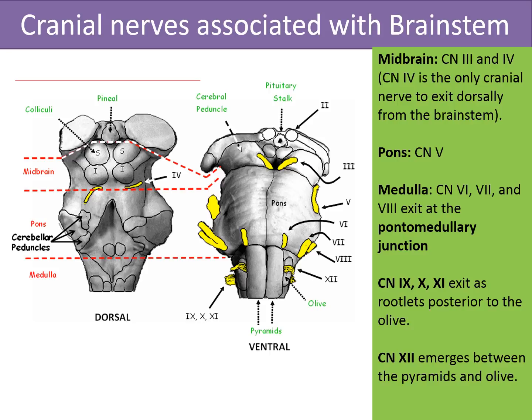We see the 6th, 7th, and 8th coming at the pontomedullary junction. We see 9, 10, and 11 as rootlets posterior to the olive. And then we see cranial nerve 12 coming off between the olive and the pyramids, the pyramid being a continuation of the corticospinal tract.